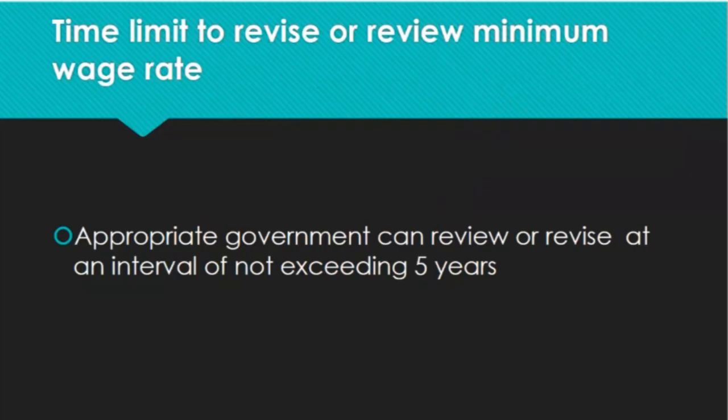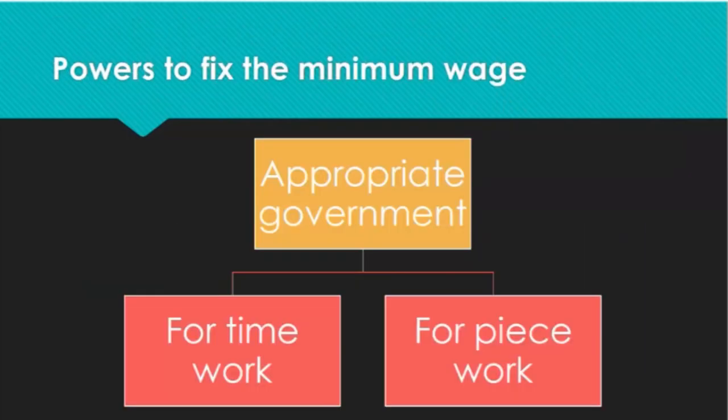Time limits to revise and review the minimum wages: minimum 5 years. At least once in 5 years we have to revise and review the minimum wages. Most governments will do it before 5 years also. 3 to 5 years there will be a revision.